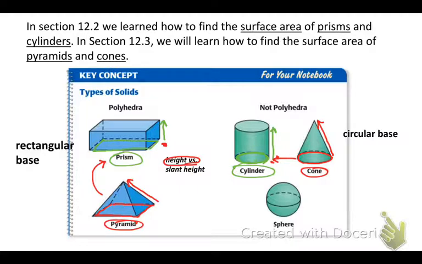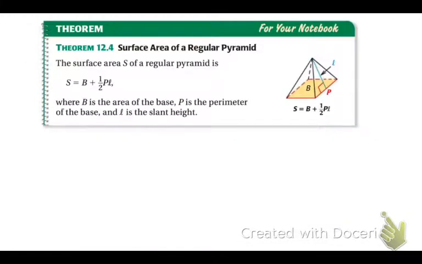Well, for pyramids and cones where the heights are slanted, we're going to talk about a slant height. Slant height is just this height that's slanted, whereas these heights were just plain old vertical heights. I'll deal with this also in another slide, but I wanted to alert you to that. These formulas should look very familiar to you, and if we look at it like that, they're not quite so scary.